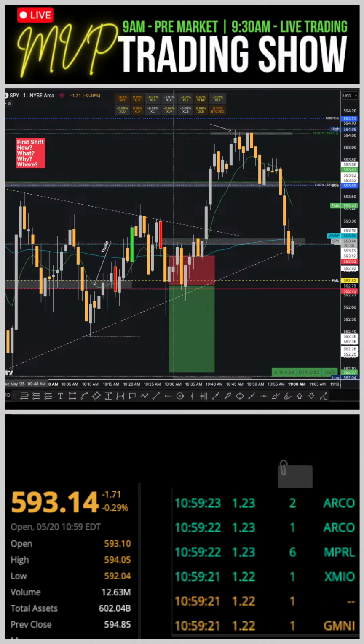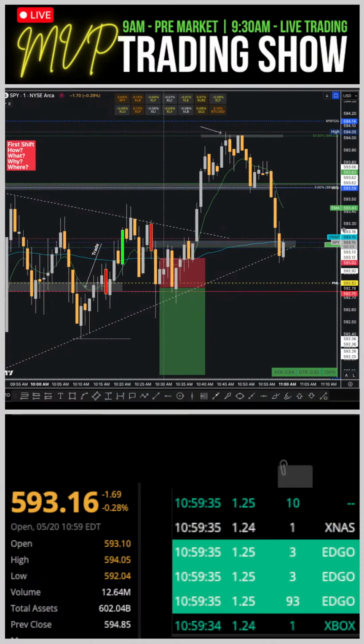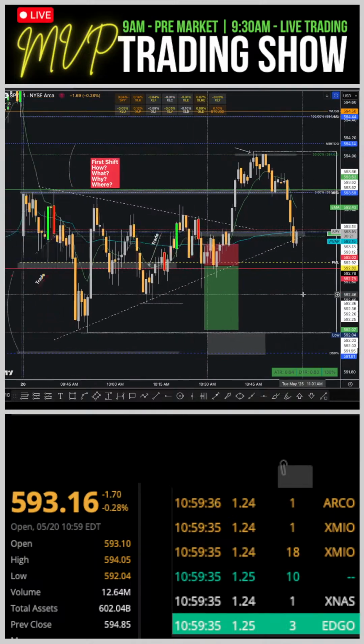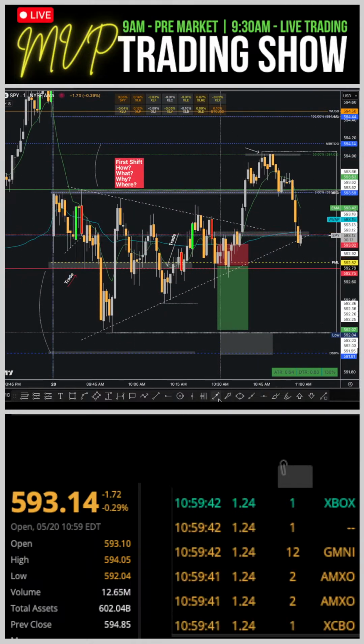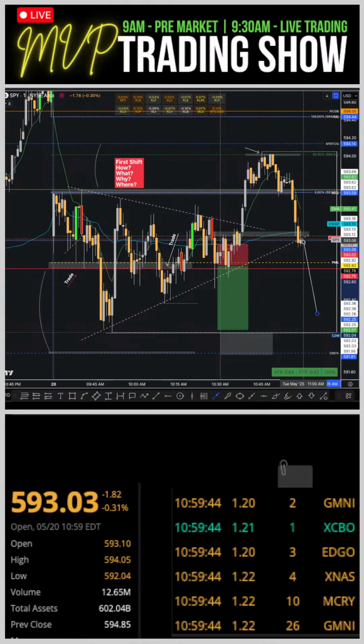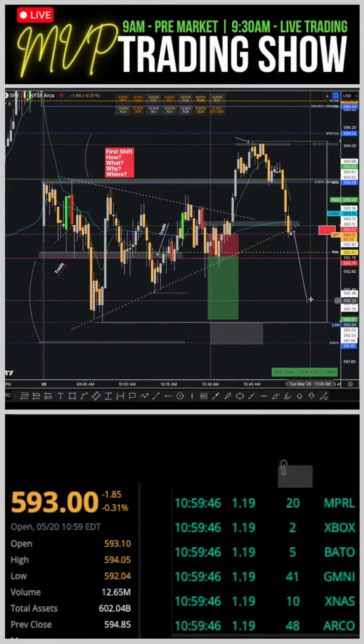So now as the VIX starts to curl back to the upside, the question becomes, does this pump have enough room? Does this give us enough of a runway into these highs for us to break down on SPY here? That's the question.